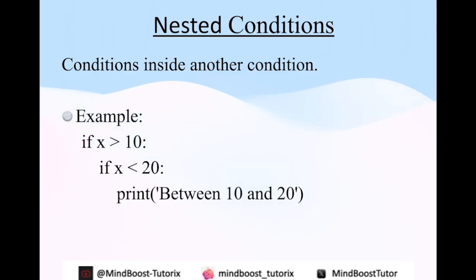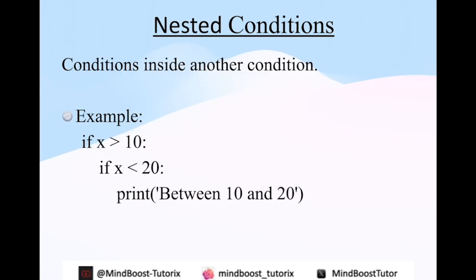Here you can see x greater than 10, suppose it is true, right? Then you come inside this true block, and here one more condition is applied. If x is less than 20, then it will print between 10 and 20, right?